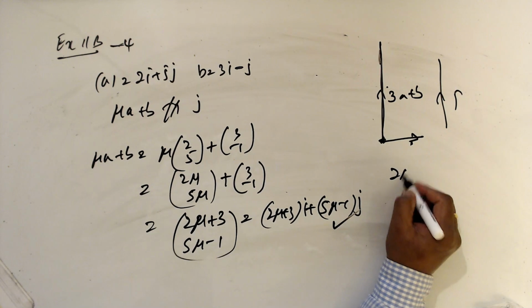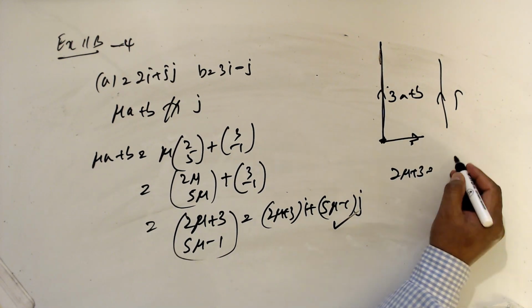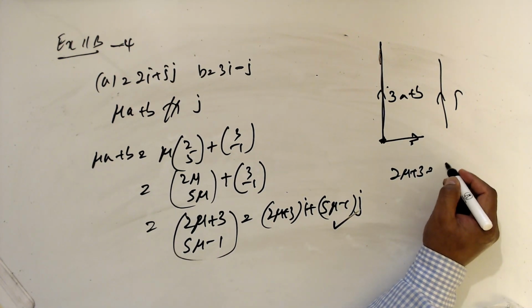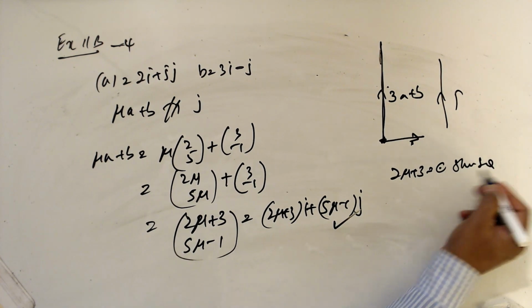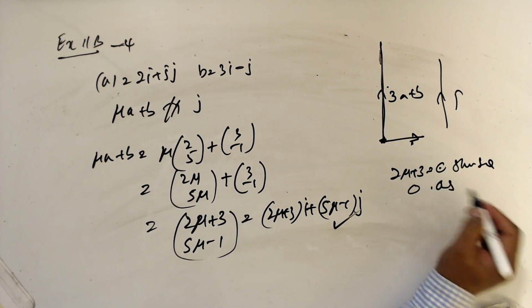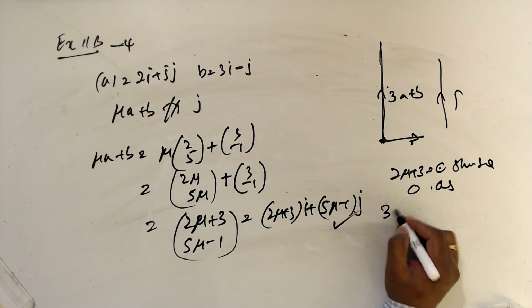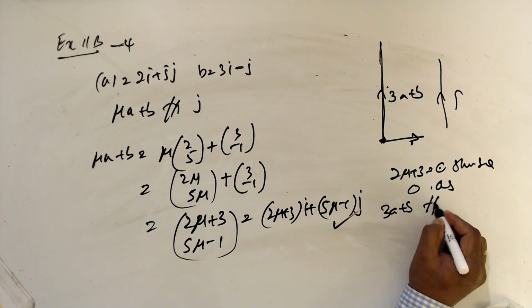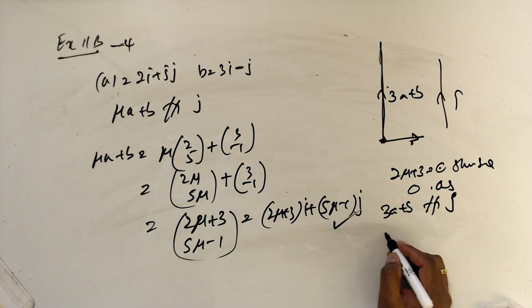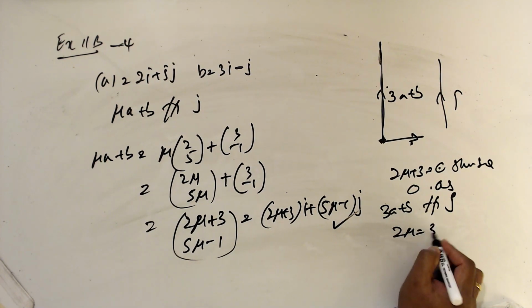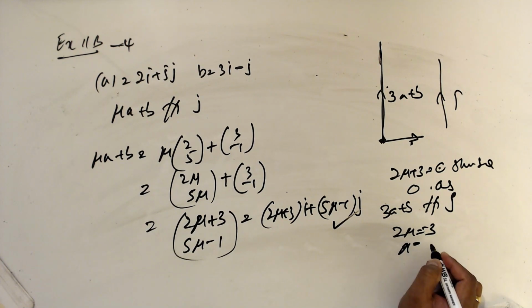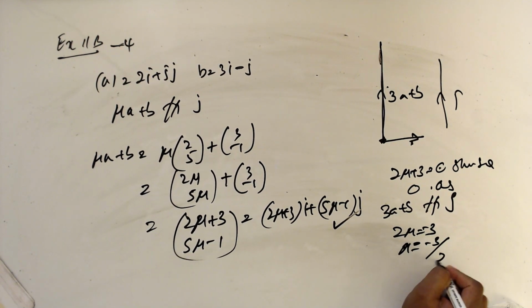So 2 mu plus 3 should be 0 as mu a plus b is parallel to j. Hence 2 mu equals minus 3, mu equals minus 3 over 2.